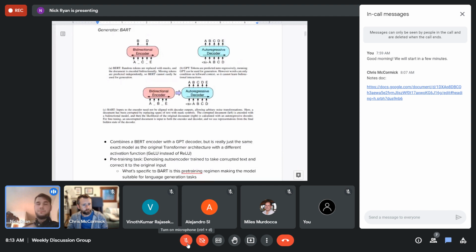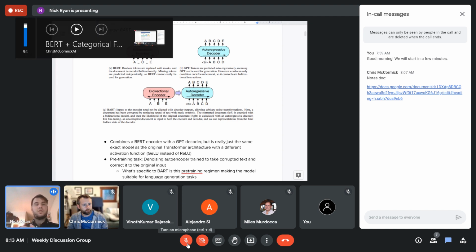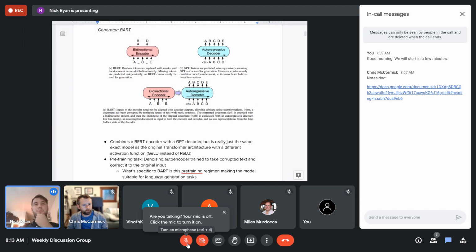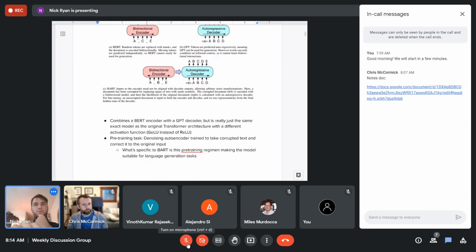All right, our generator is BART, but again, you can use any kind of sequence-to-sequence generator, anything that takes in input text and gives out output text that's generated on the fly. I was a little confused about the details last week when we talked about this. It turns out it's really the exact same architecture as the transformer, but they just use a different activation function.